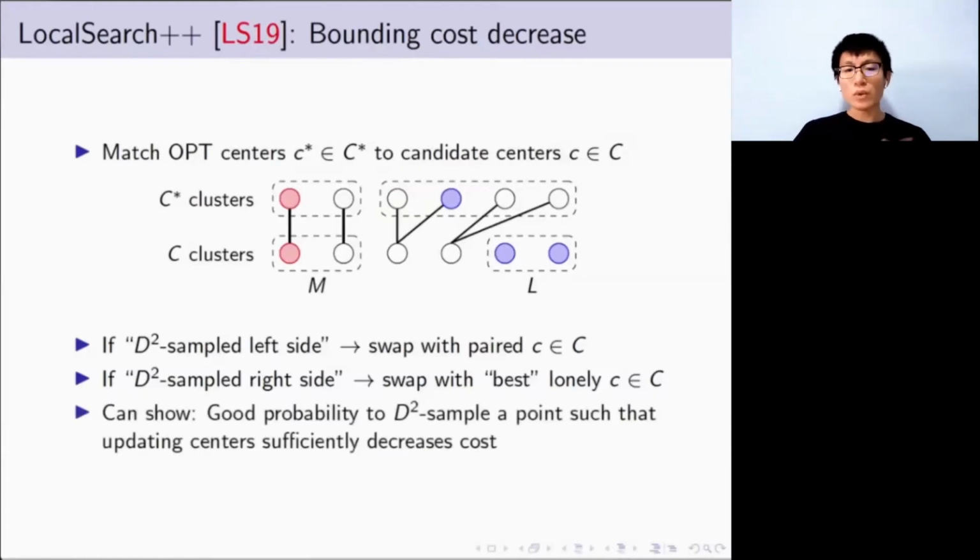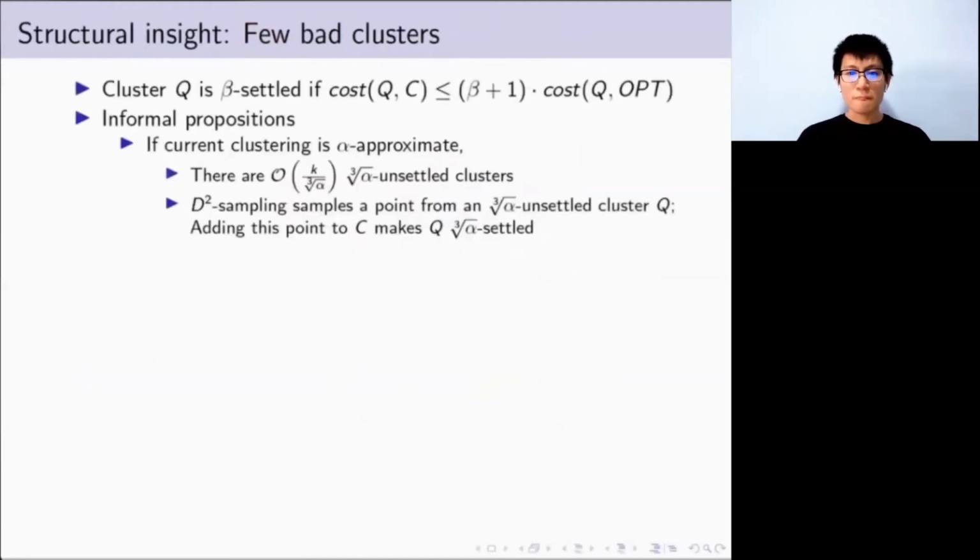What one can show is that there is good probability that a d-squared sampled point at each local search step will have an improvement in cost if you follow this proposed swapping of the centers. If this proposed swapping has an improvement, and the algorithm actually uses the best possible swap out of all k centers, then it can only improve the cost further. So that's the key idea behind how you bound the cost decrease. And this concludes the key ideas from the analysis of local search++.